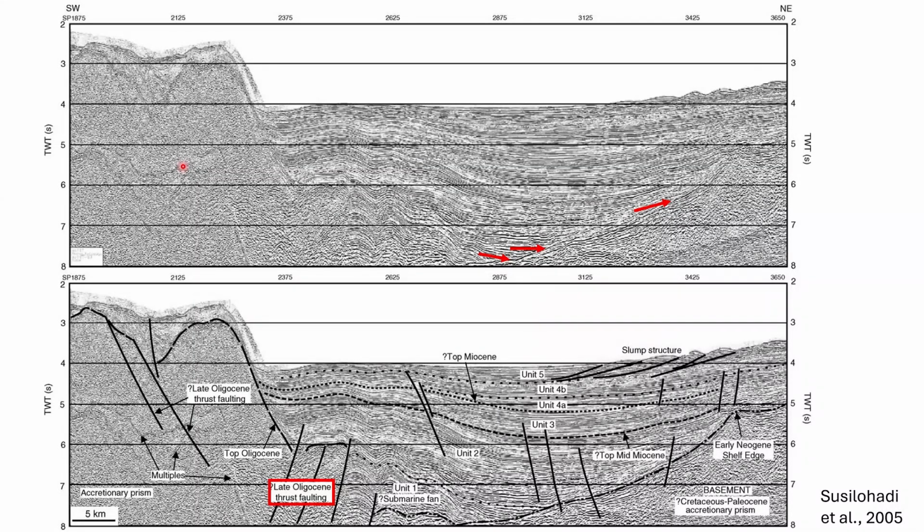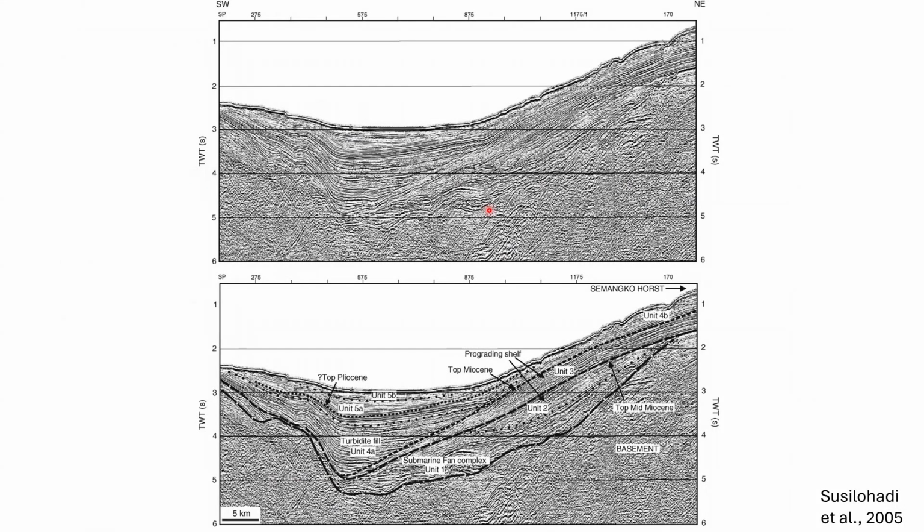Now to the north, the second profile that I'm going to show you has less sediment filling up the forearc basin. So it's still in the deeper part. There is onlap of sediment filling up the basin. Sediment is coming, in this area, off of South Sumatra, coming down, filling up the basin.